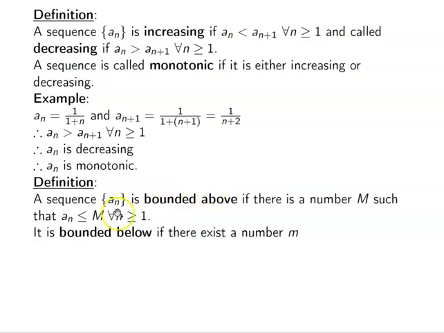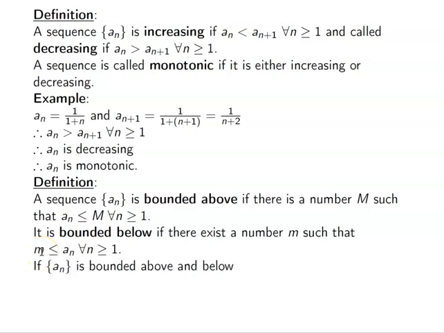I can be bounded above and I can be bounded below, right? For above, we use capital M. For below, we use lowercase m. Bounded below means that the terms of my sequence are always larger in value than that lower bound, okay? It can be equal to that lower bound, but it can't be smaller in value, okay?